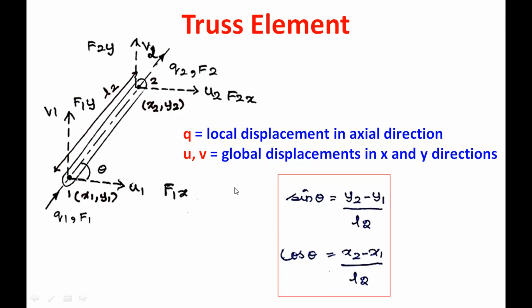Opposite side is y2 minus y1, the difference between the y coordinates, divided by L, the length of the element. And cos theta is adjacent side divided by hypotenuse. Adjacent side is the difference in x coordinates, x2 minus x1, divided by L. This you have to remember to solve the truss problem. Sin theta and cos theta for each element we have to calculate.